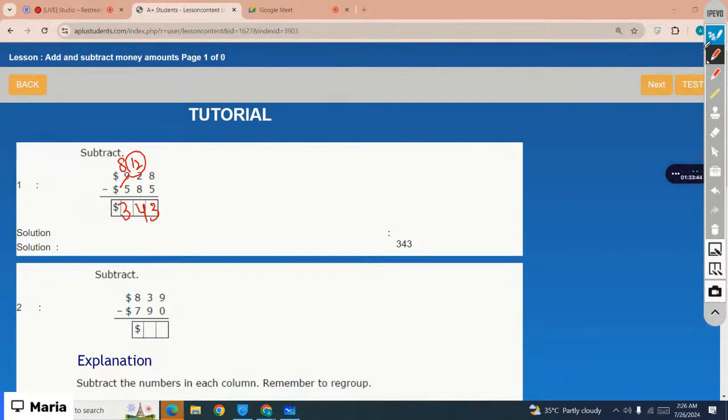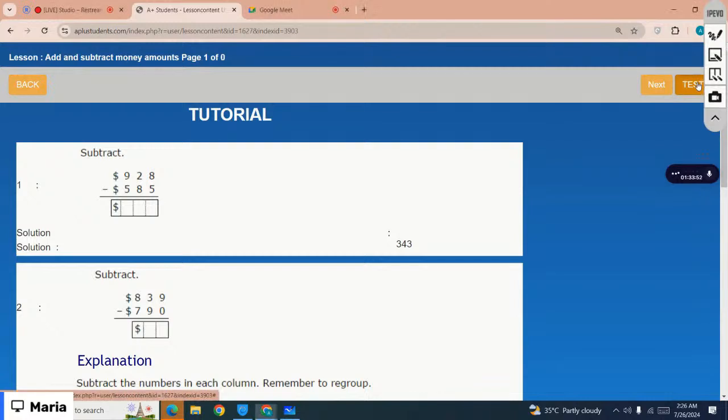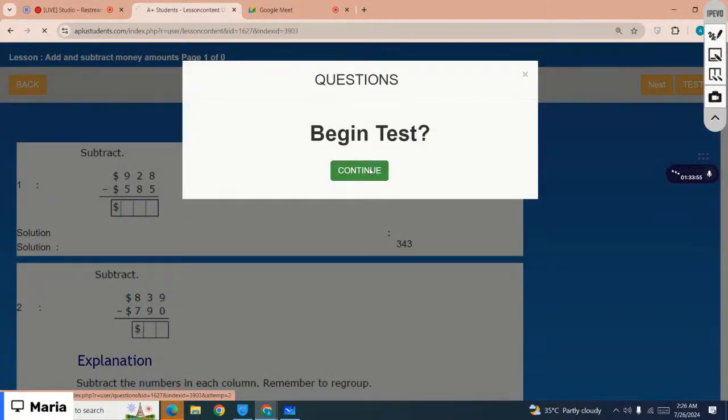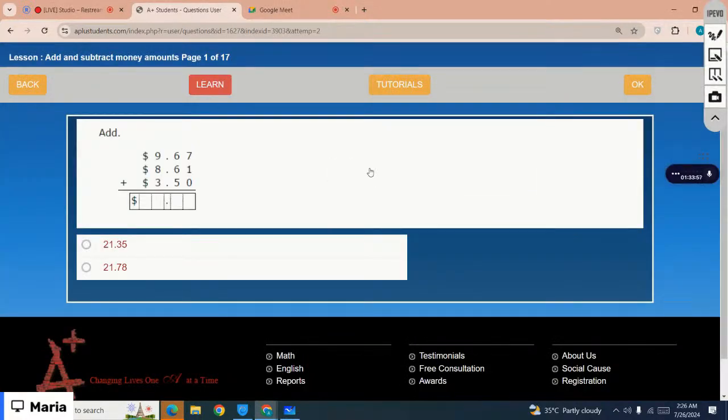Let's just start with the test questions. 8.61 plus 3.50. So which is the correct option?